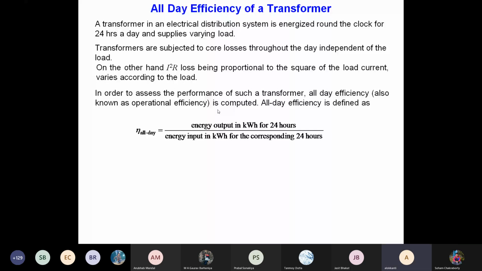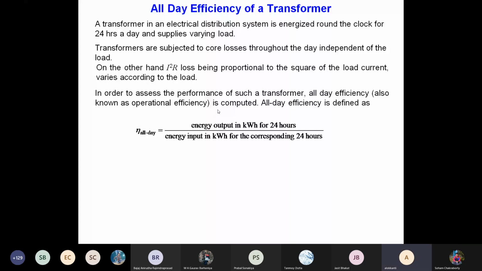Energy is basically power into time. So in the numerator, you have the energy output in kilowatt hours for 24 hours. Throughout the 24 hours, how much kilowatt hour is output by the transformer? And in the denominator is how much kilowatt hour goes as input to the transformer. So you see it is defined with respect to energy.